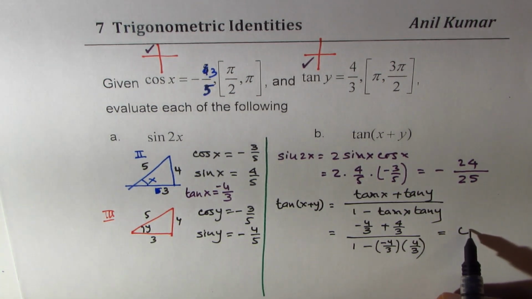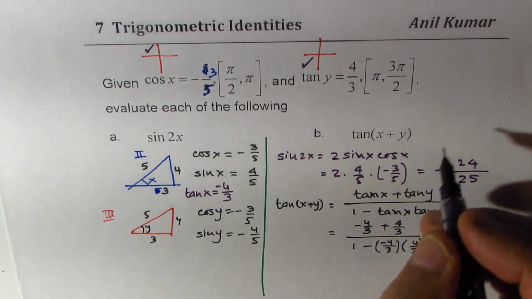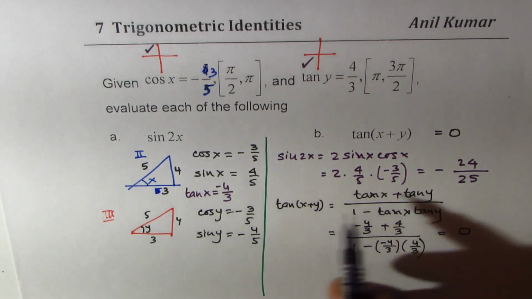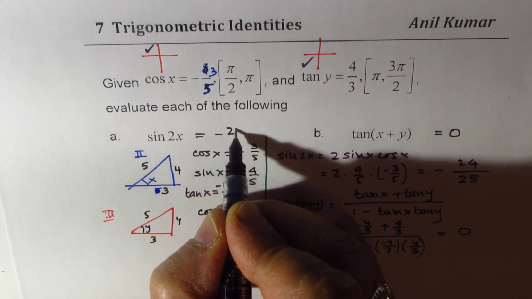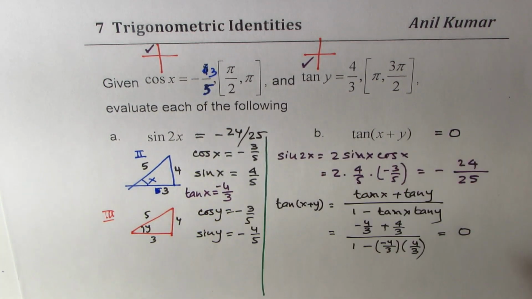Since the numerator is 0, the whole thing has to be 0. So this is equal to 0. And for sine 2x, we get minus 24 over 25. Is it correct? So that is how you're going to get the solution. So I hope that's perfectly fine. Let's move on and take the next question now.